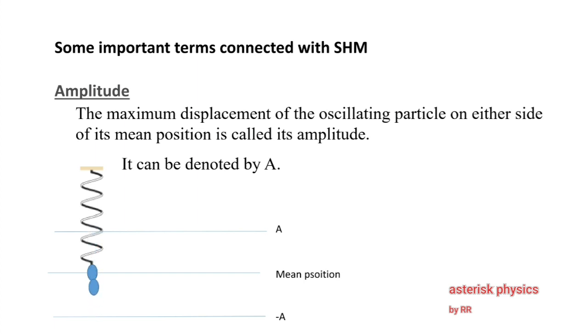Now let us see a horizontal oscillation. A particle starts moving to and fro about its mean position, and here also you can see that it moves to two extreme points A and minus A, and hence the amplitude is A.